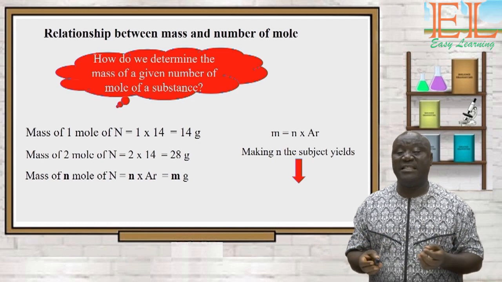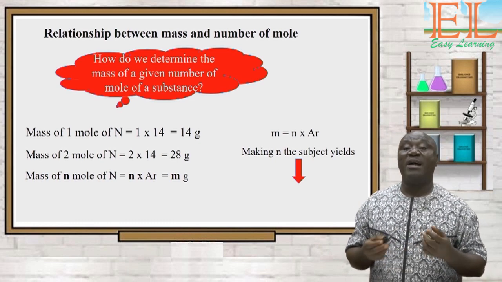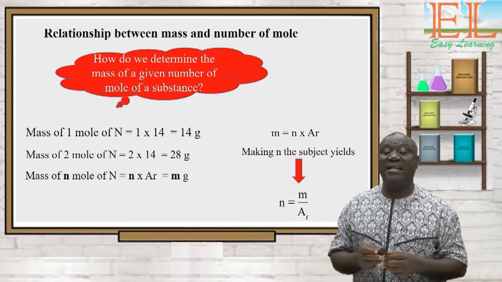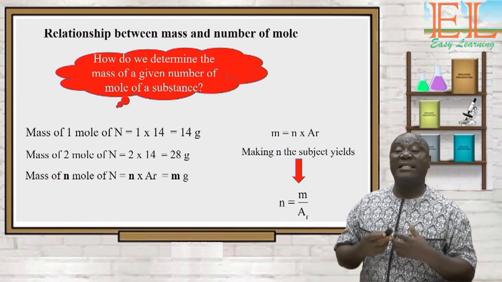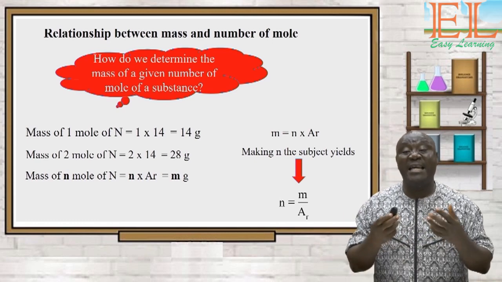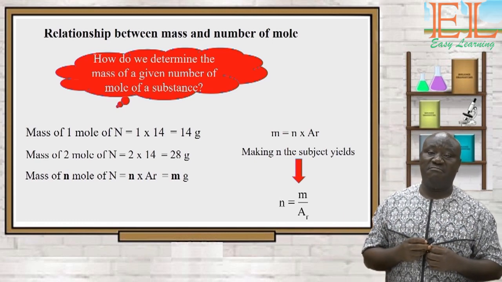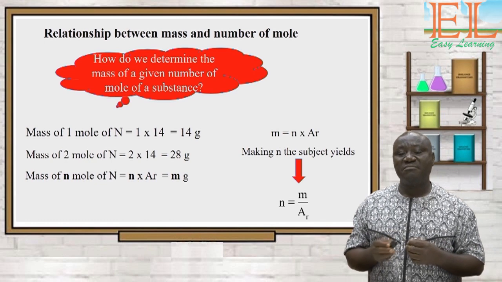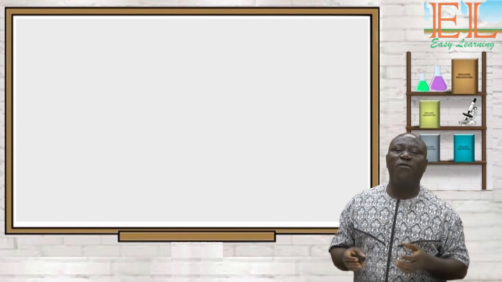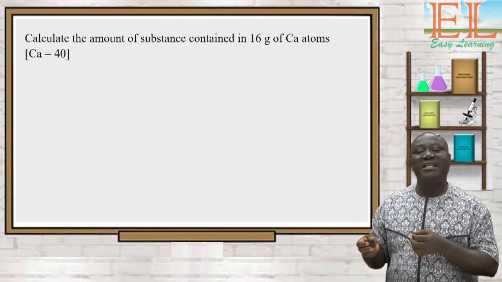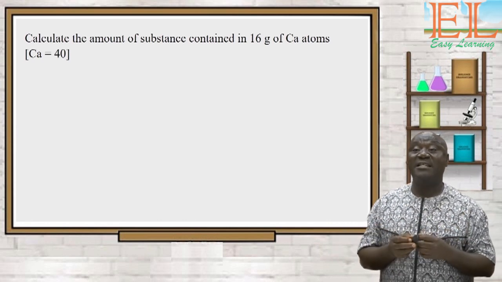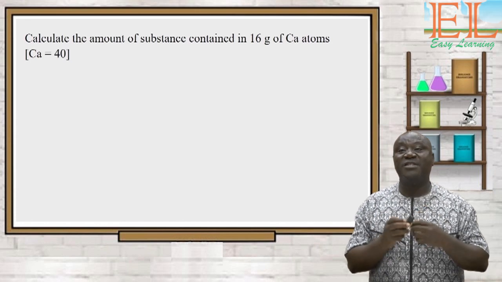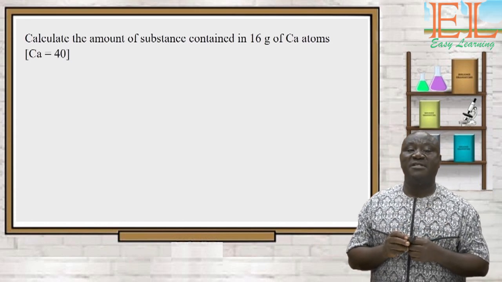And in this case, when we do that, we will arrive at the formula lowercase n is equal to lowercase m divided by Ar. Now, let us solve a question using this formula. So take your pen and paper and solve this question.